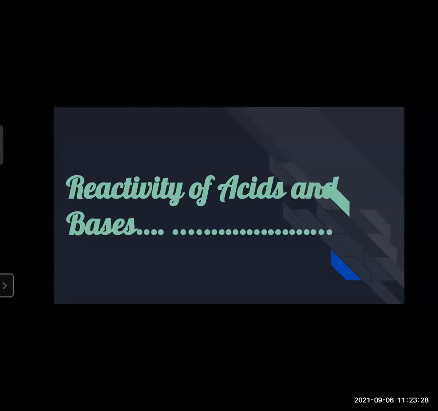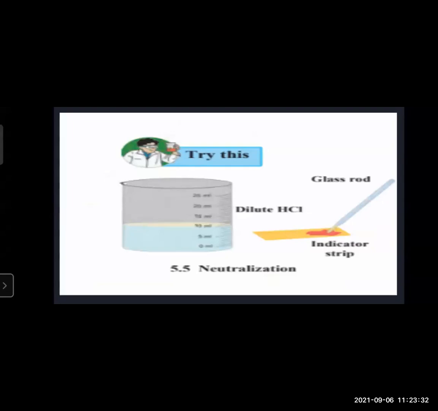Okay. Now the next topic is the reactivity of acids and bases. See here, dilute HCl. Neutralization reaction is this. You have taken HCl in water, then it becomes a diluted solution. Here, hydrochloric acid is less and water is more.